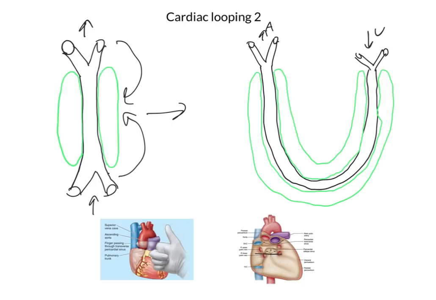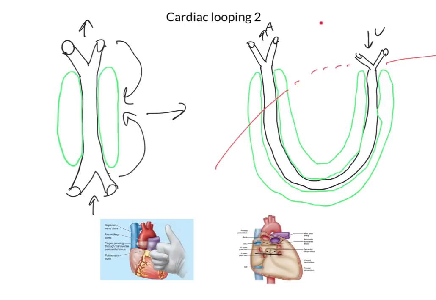Now, the consequences of this folding and its relation to the pericardium are anatomically very important and very interesting. The first thing that you will note is that the arteries and the veins are clearly distinct, and there is clearly a gap between them. So there is clearly a gap between the arteries and the veins.